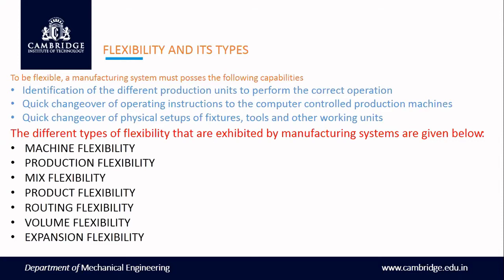You can call it an upgradation of what you previously had. You are supposed to upgrade your machine with some new things so that it performs better. Based upon that, machine flexibility is somewhat different. Production flexibility, mix flexibility, product flexibility, routing, there are n number of things. These are all the things we will study one by one.